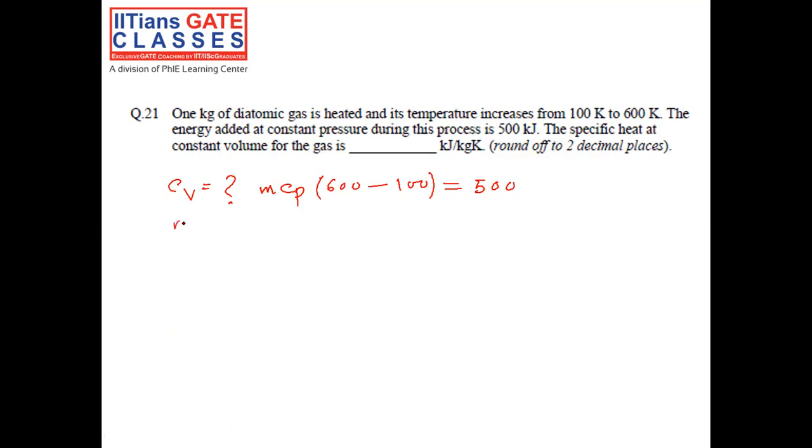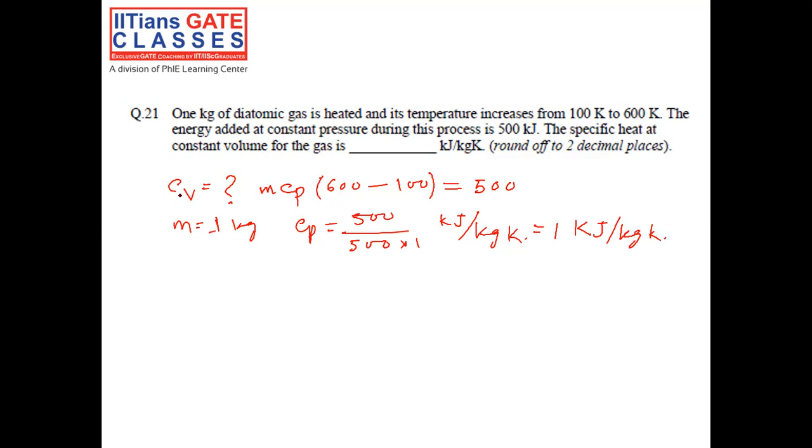As m is equal to 1 kg, Cp will be equal to 500 divided by 500 into 1, which is equal to 1 kilojoule per kg Kelvin.